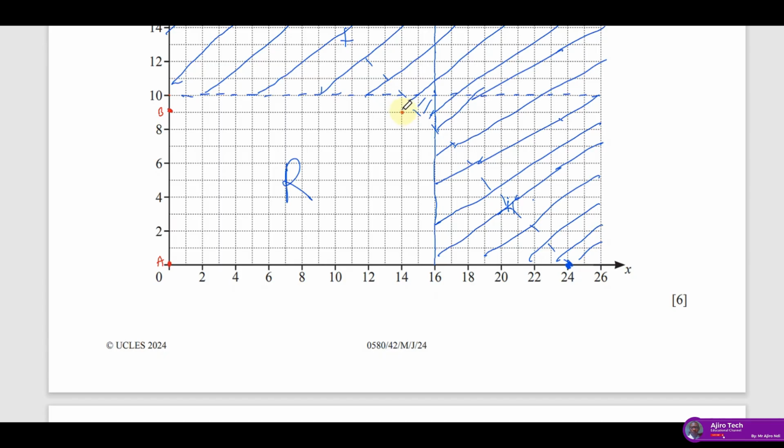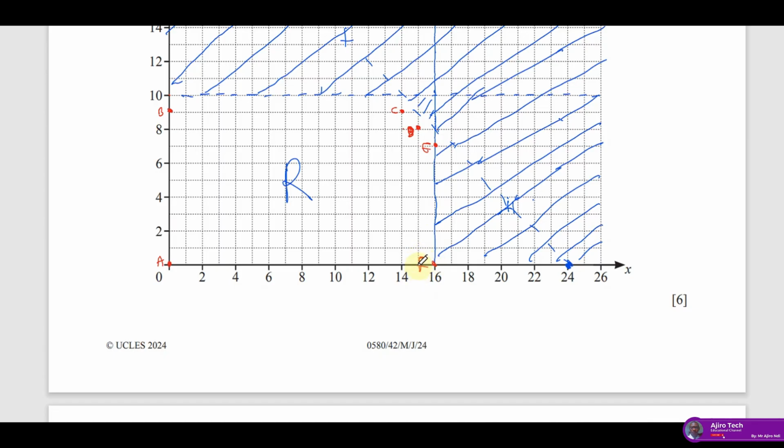I'll mark this place, I call it C. Then you mark this place, D, and this is E. Over here, we call it F.